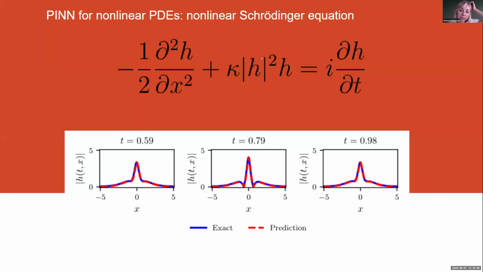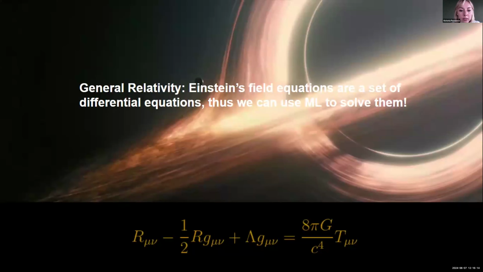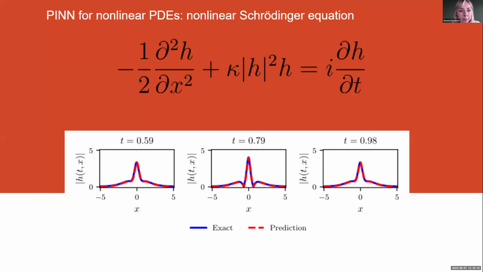You can see that the prediction of this physics-informed neural network is quite good; it actually coincides. I believe these results are from quantum neural networks, but if you're interested, you can email me later and we can talk, because our group actually applied quantum neural networks to solve these nonlinear differential equations.